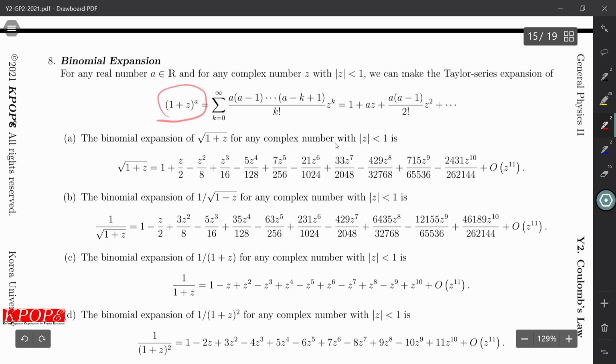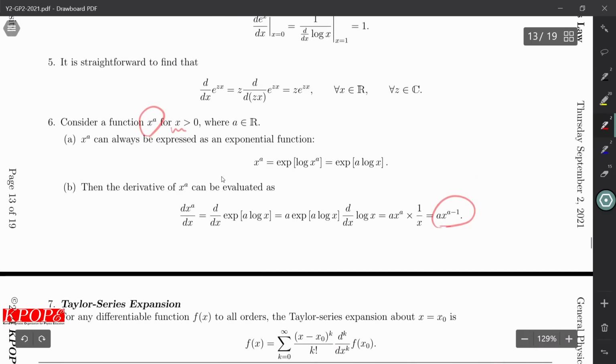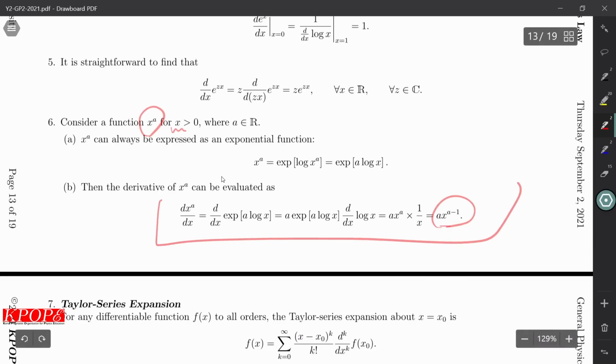You can make a Taylor series expansion of this, where the absolute value of z, which can even be a complex number, must be less than 1. And the expansion can be made in such a manner. This can be obtained by making use of this derivative formula repeatedly.